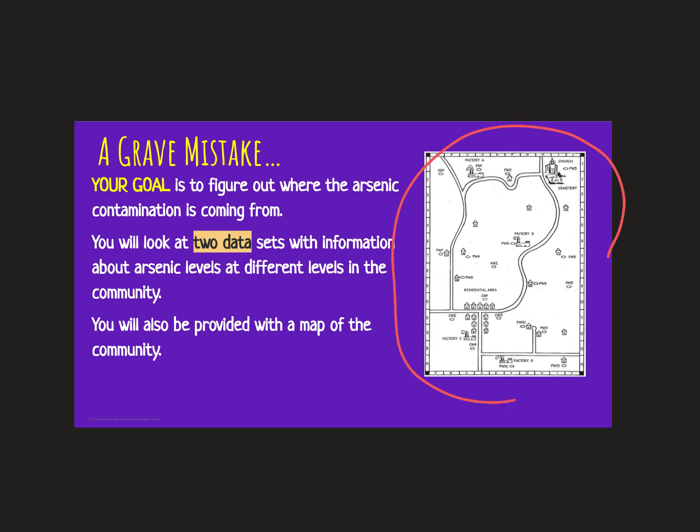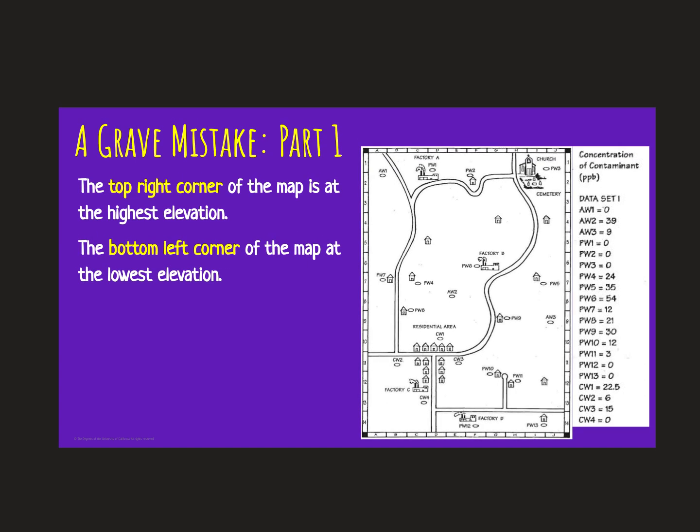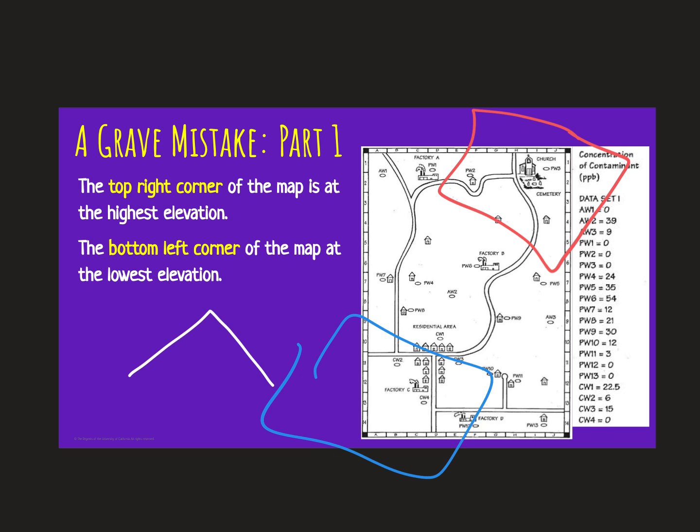Here's your map. The top right corner of the map is at the highest elevation, so this is the highest elevation up here. The bottom left-hand corner is the lowest elevation. Remember, elevation is like a mountain.